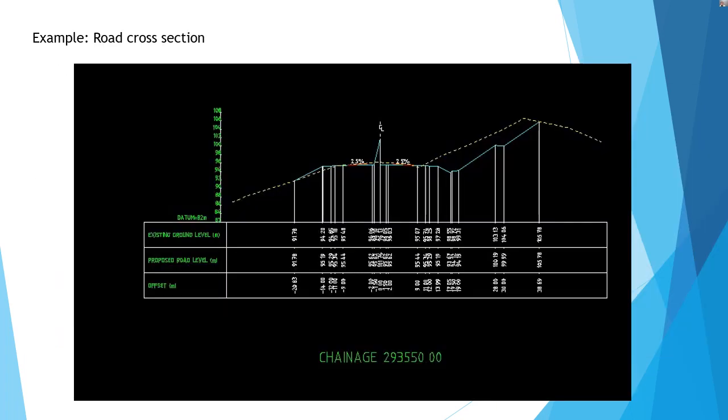Another example for the cross section. So you can see over here we have a cross section. You have the natural ground here. So we have the dashed line here as the natural ground. And you want to build a road. So you see that when you want to build this road, then you will need to know the existing elevation of this road.